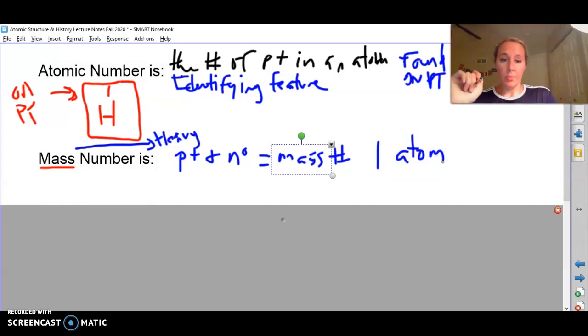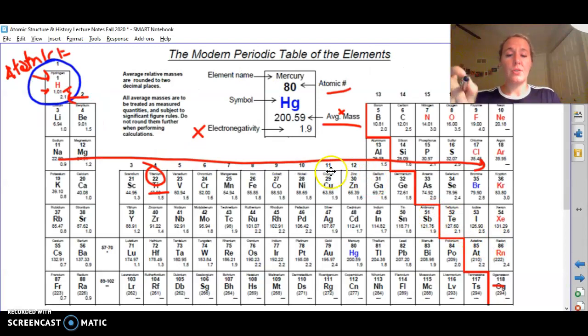If you notice on your periodic table, there is something that looks really close to mass number that a lot of students mix up, and that's average mass. But averaging implies that you have more than one number. You can't have an average of 1. We will talk about what this number is on the periodic table, but if we're looking at the mass of just one atom, we're not going to get that from the periodic table.